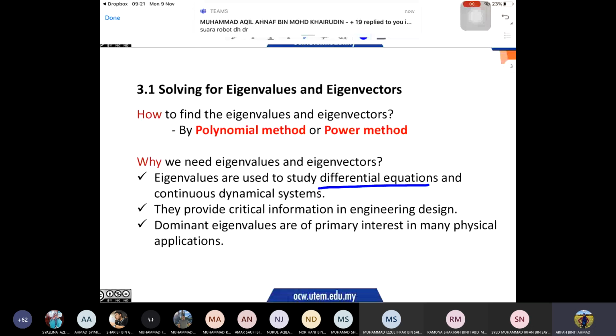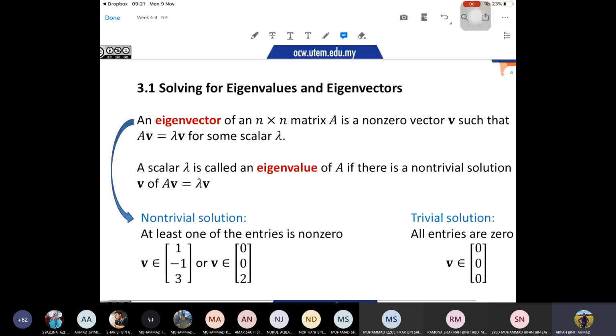So solving for eigenvalues and eigenvector: an eigenvector of an n times n matrix A, meaning that you have the matrix A, where matrix A is n times n. So A is a square matrix, a matrix of the same size. It can be 3 times 3, 2 times 2, 4 times 4, 5 times 5 and so on. What matters is that matrix A is n times n, a square matrix.